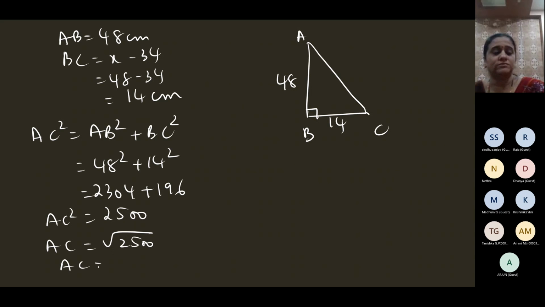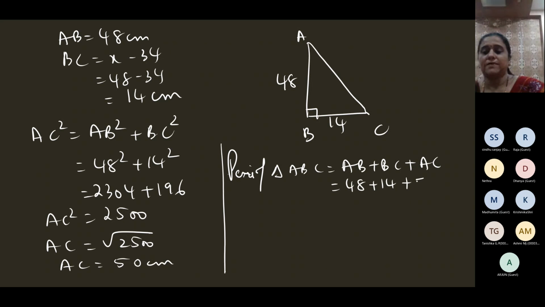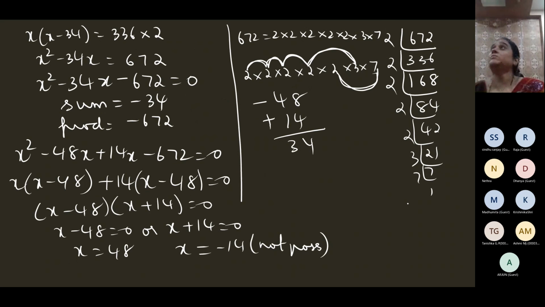AC is equal to 50. So now perimeter of triangle ABC is equal to AB plus BC plus AC, 48 plus 14 plus 50, 112 centimeters.